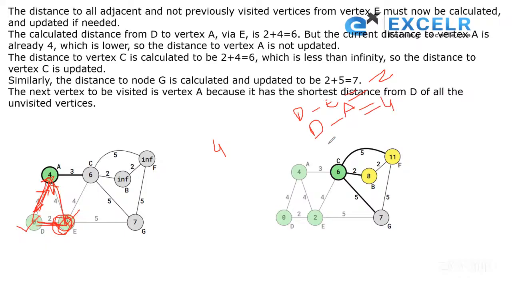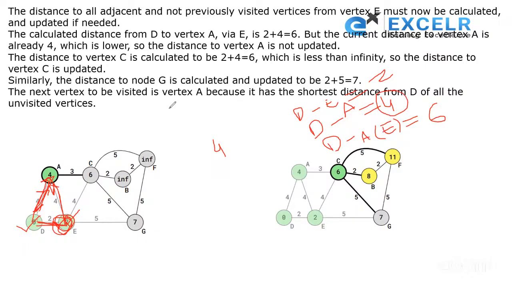Now again I am calculating D to A via E. Via E I will write in bracket. And what is the cost? Via E the cost is 6. Now I will go with the minimum one, so it will not be updated.